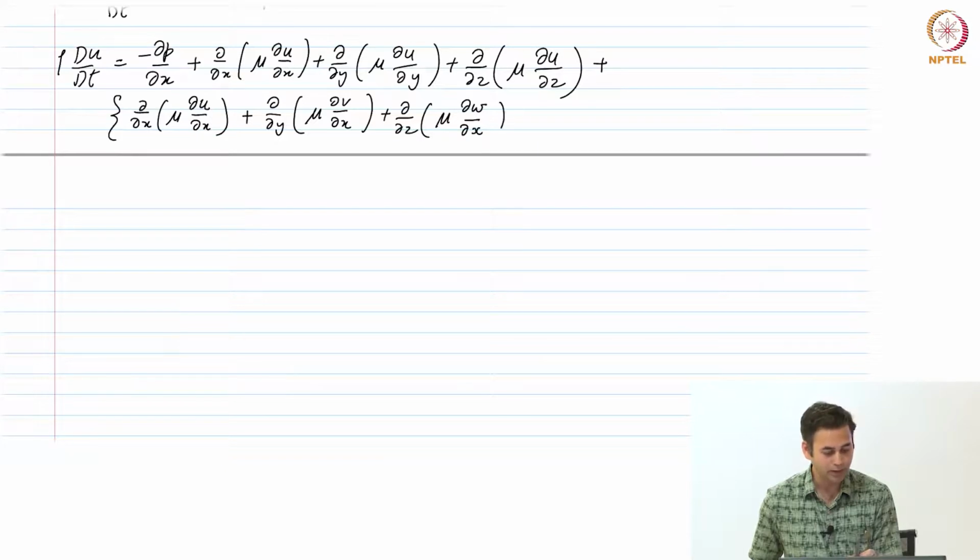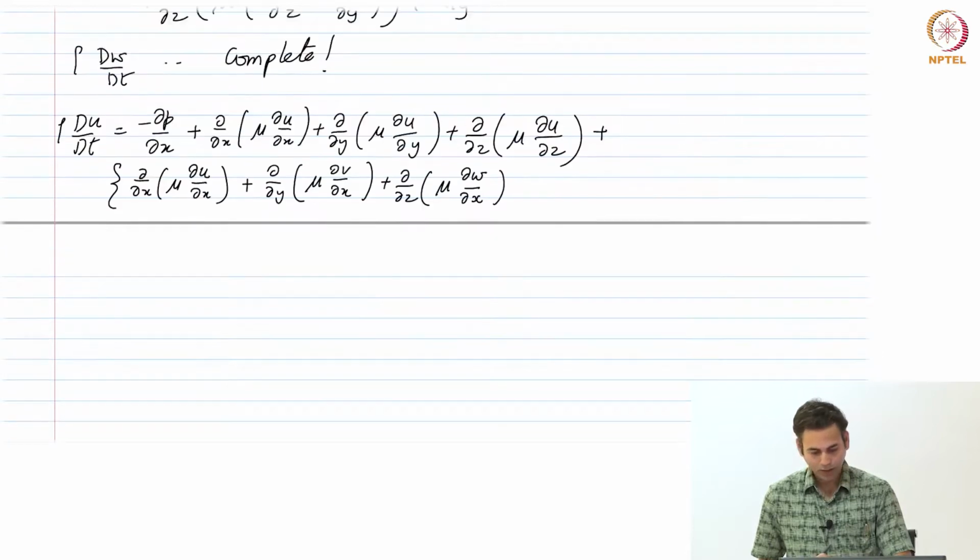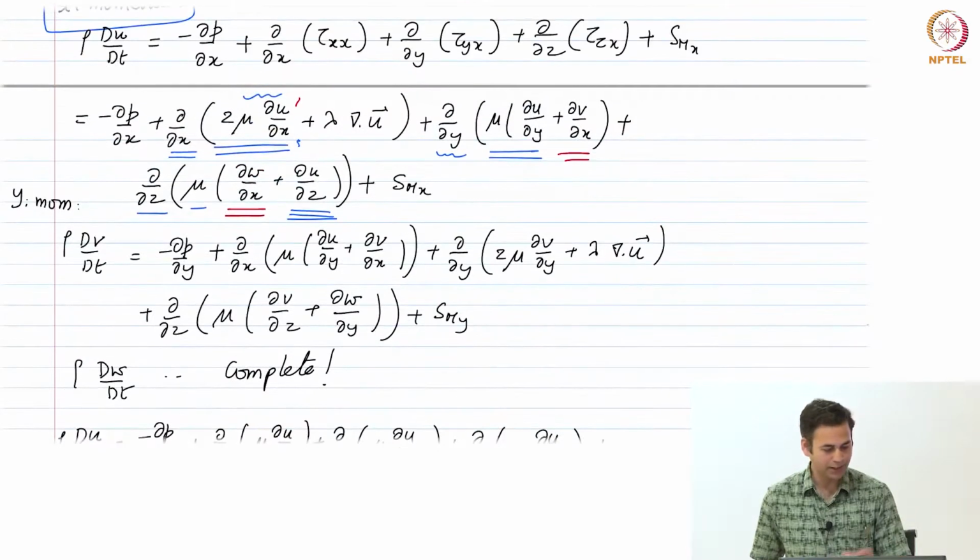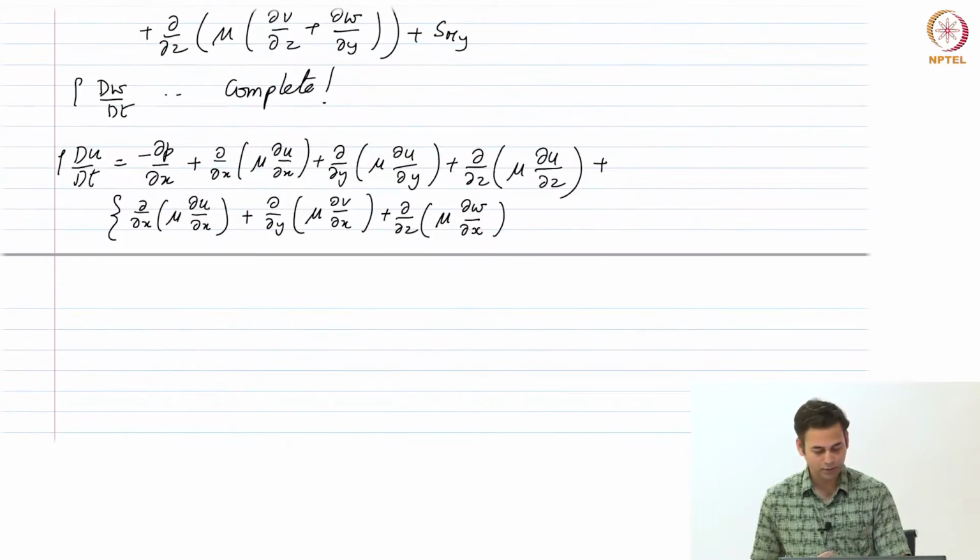Was it x? Okay, x. So that's what remains. Plus, I think we had this del dot u, which is also remaining. So that will be ∂/∂x of λ times ∇·u, that is the remaining term.